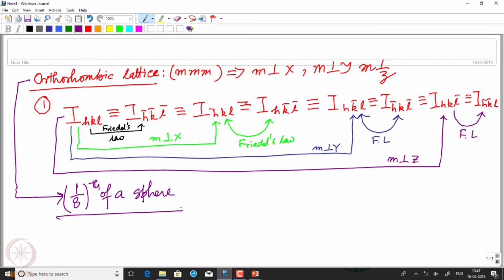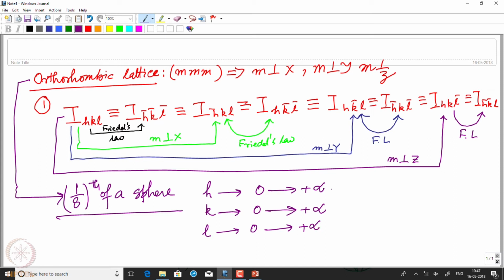This 1/8 of a sphere means we only need H ranging from 0 to plus infinity, K ranging from 0 to plus infinity, and L also ranging from 0 to plus infinity or minus infinity, doesn't matter, because the reflections that you get in the upper octant is same as the lower octant, and so on.